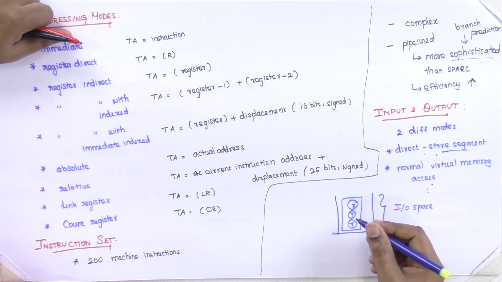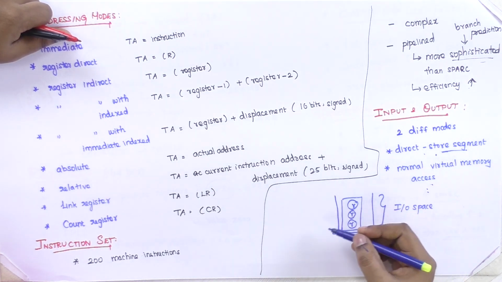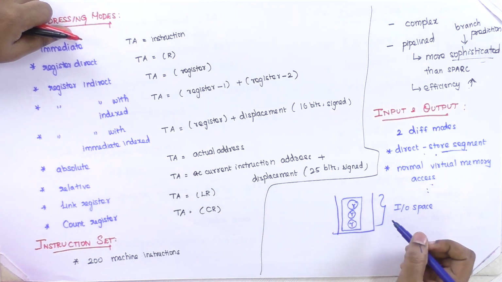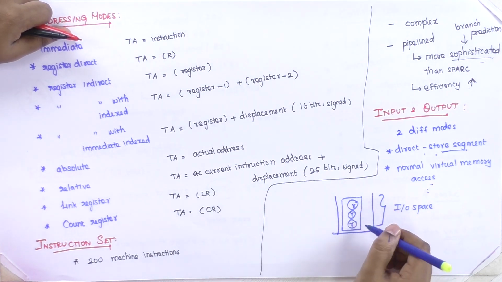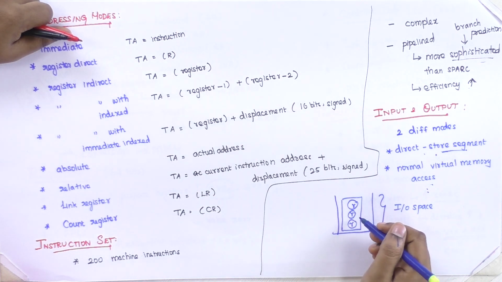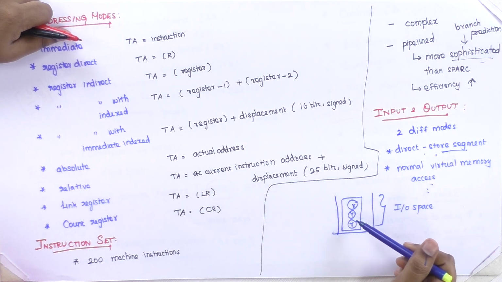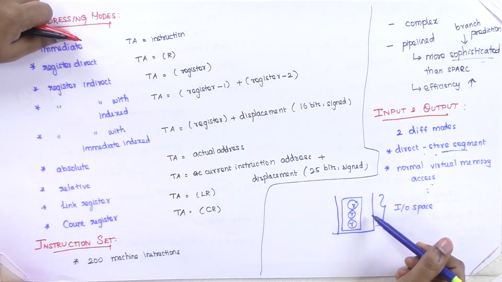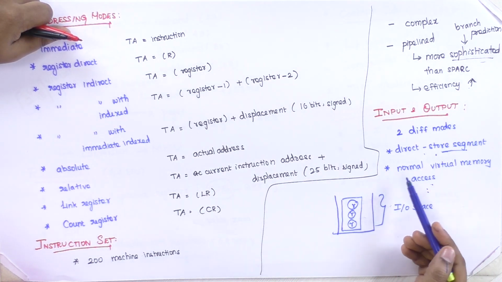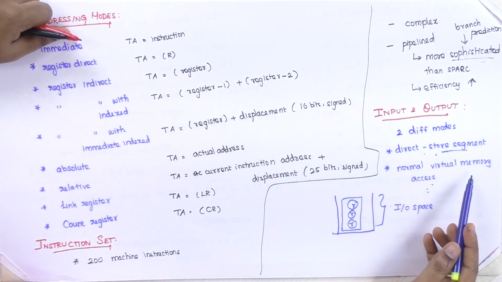Under I/O space, there are some registers involved in doing input and output operations. That kind of input and output operation is called direct store segment. If the address is not stored in physical memory and resides in virtual memory, then the I/O is performed using normal virtual memory access. So that's all about I/O operations.